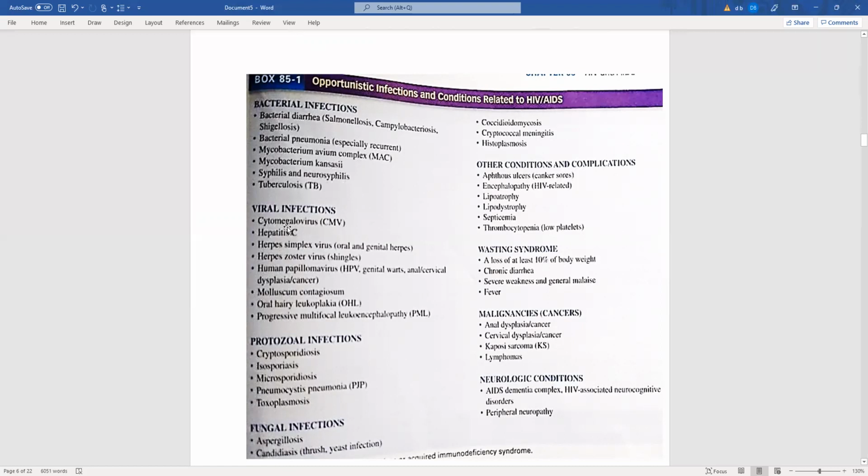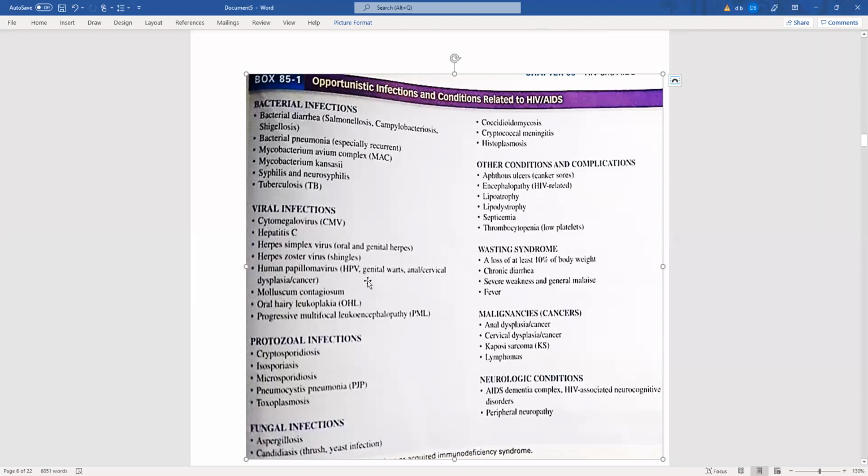For the viral infections, you have cytomegalovirus, hepatitis C, herpes simplex virus, oral and genital, herpes zoster virus, which is shingles. HPV, with genital warts, anal cervical dysplasia, and cancer.